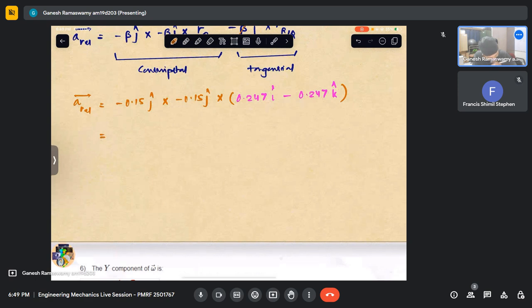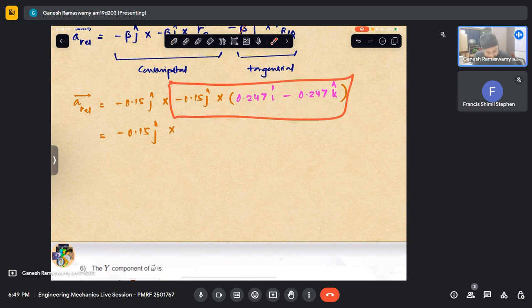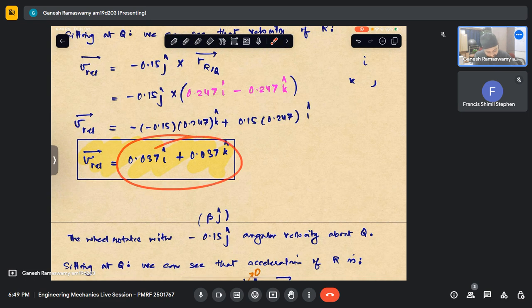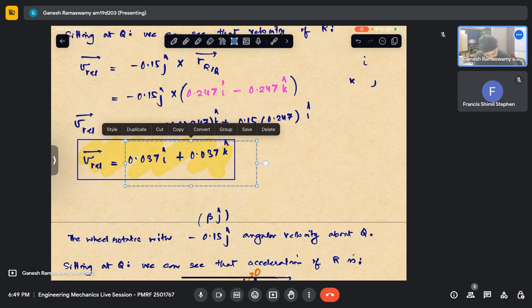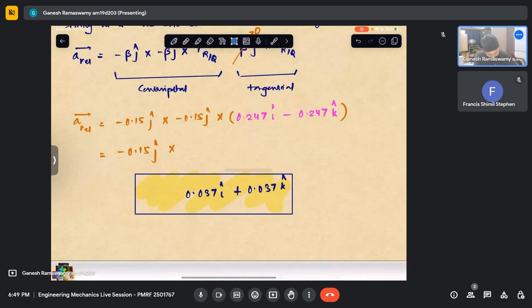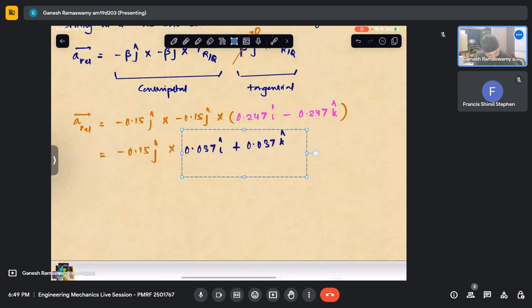So what can I write about this? Crossed with this quantity we just now calculated, omega cross r, that we just did, and we found out this is the velocity. Beta cross this is what we did, and we found the result was this. So I will take this result itself, copy, and put it here. Delete this. So this is what it is. That is what it represents.